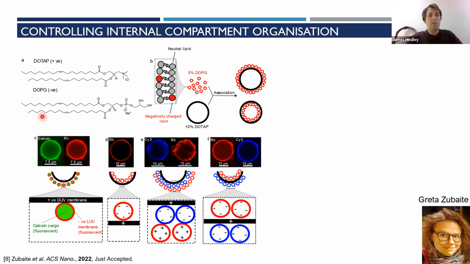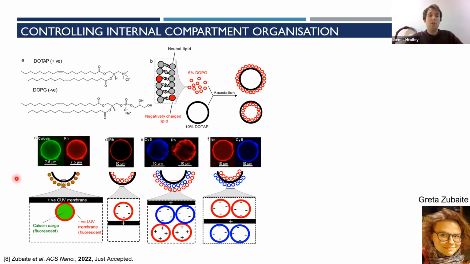Greta used positively charged DOTAP and negatively charged DOPG, using a small amount of negatively charged PG in the internal nanoscale compartments, and then put the DOTAP into the GUV membrane. And this allowed her to build various different architectures.